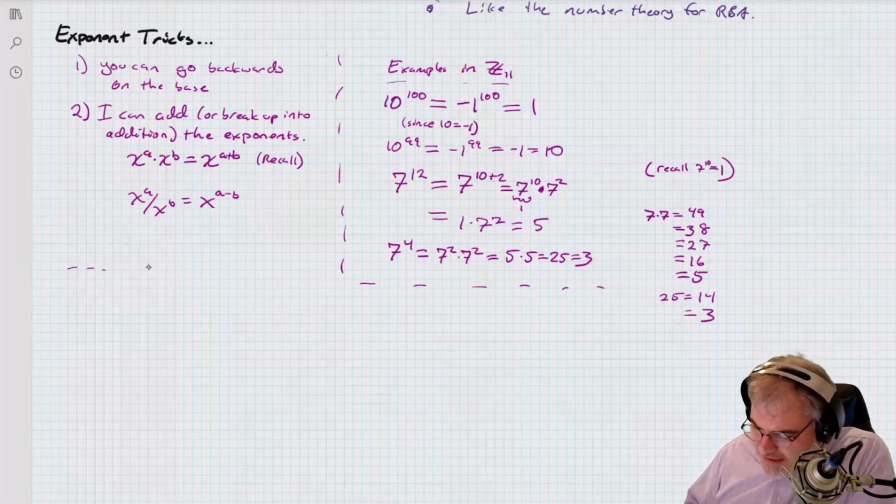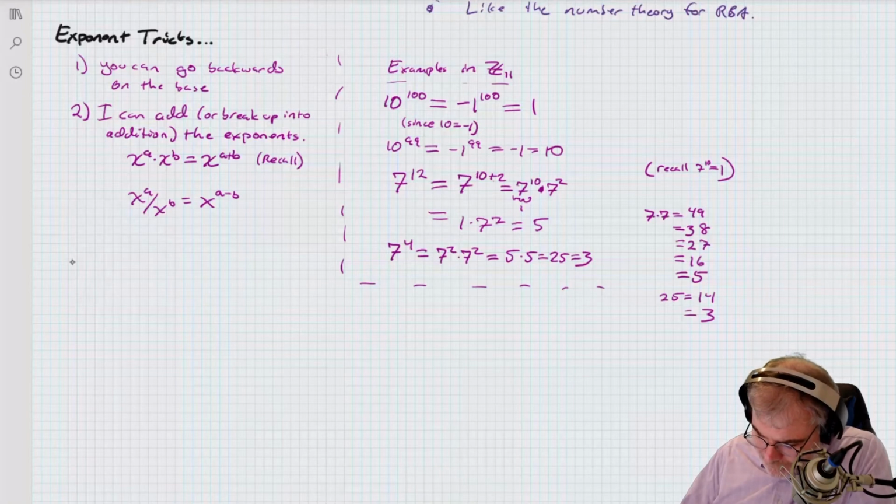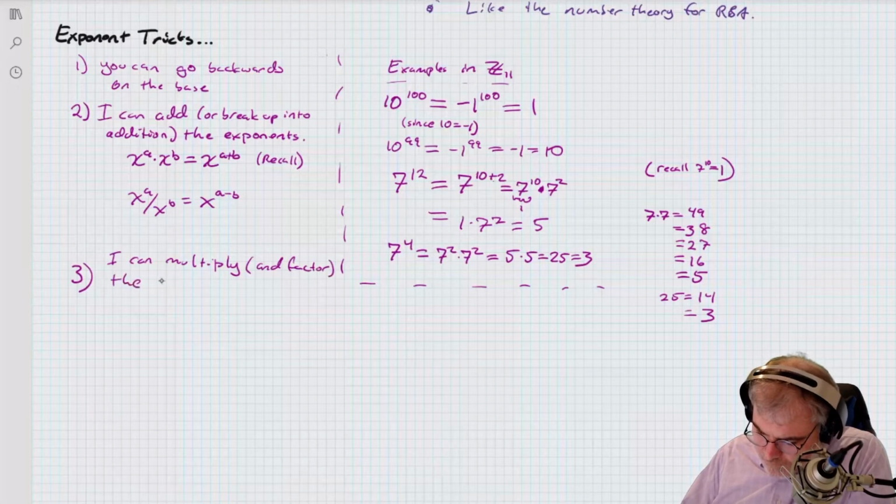Okay. The next thing I could do is I could do strange things with exponents. I can multiply exponents. So x to the a, to the b, equals x to the ab.